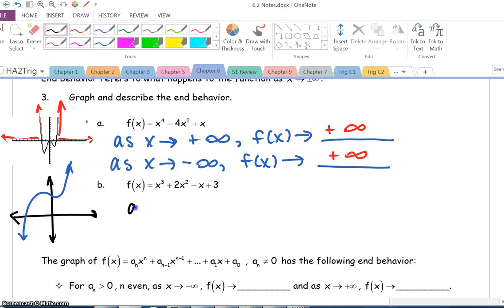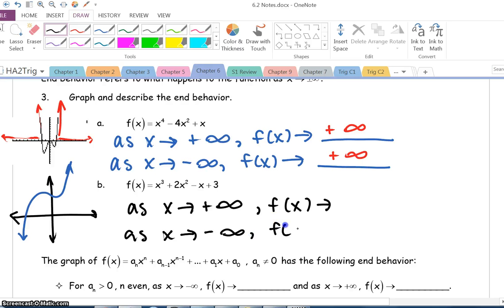For your end behavior, always start the same. As x approaches positive infinity, f of x approaches, and as x approaches negative infinity, f of x approaches. As x approaches positive infinity, we're going to the right, and the curve is going up, so it's approaching positive infinity.